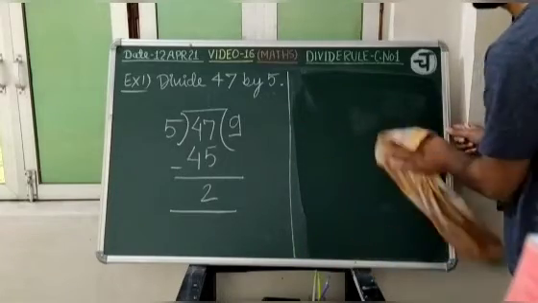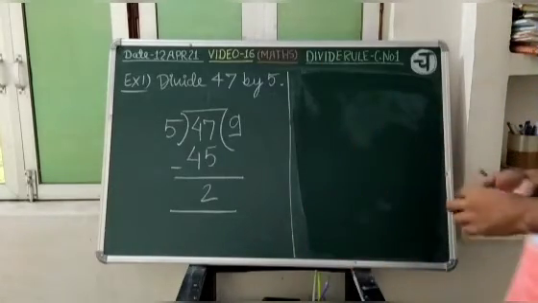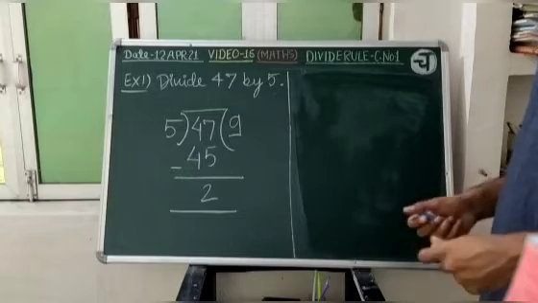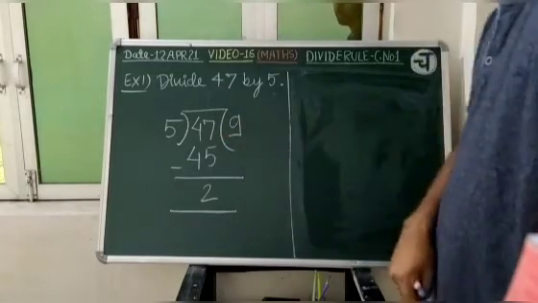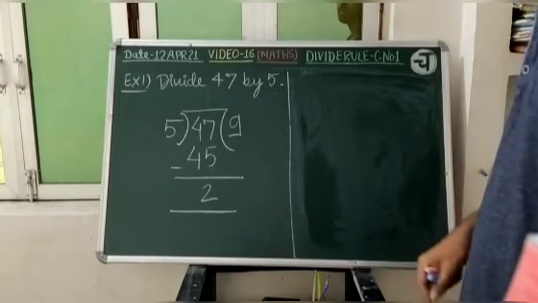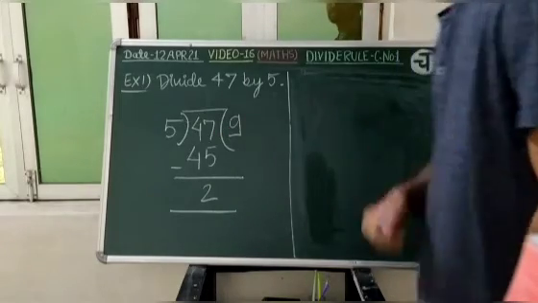Now suppose we want to make it completely divisible by adding. By adding, we want to make it completely divisible.